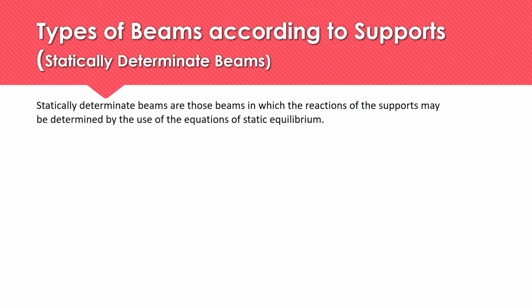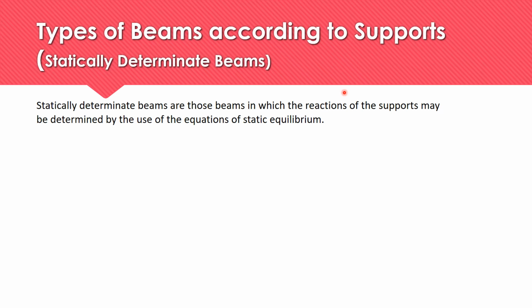Now let us first define or discuss types of beams according to supports. Although yung iba dito familiar na kayo, like the statically determinate beams. In one of our topics, we discussed about statically indeterminate structures.